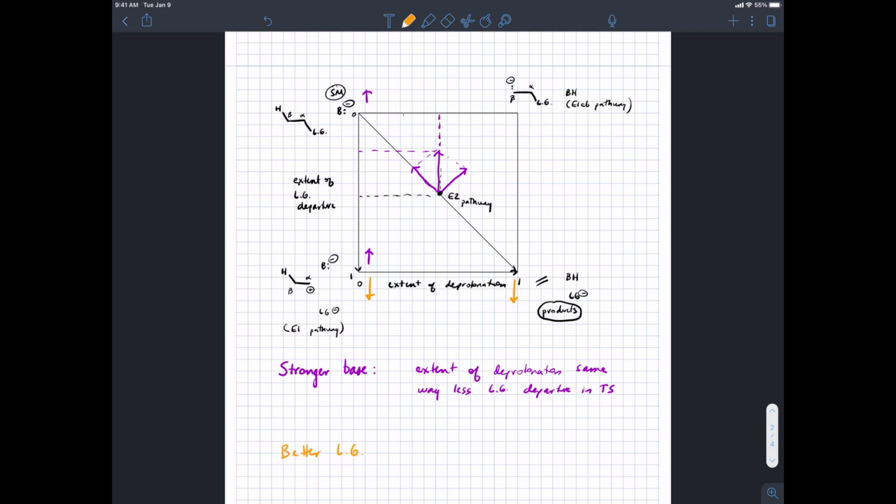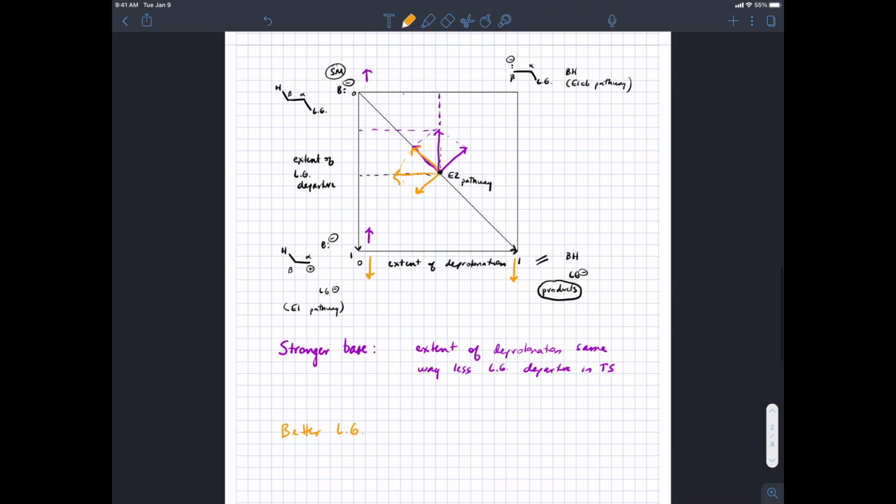We can expect a Hammond effect along the diagonal and then a marble on a sheet effect for the lower left-hand corner, and we do the vector addition, and we see that the better leaving group has, and this is again ironic, the same extent of leaving group departure, but less deprotonation.